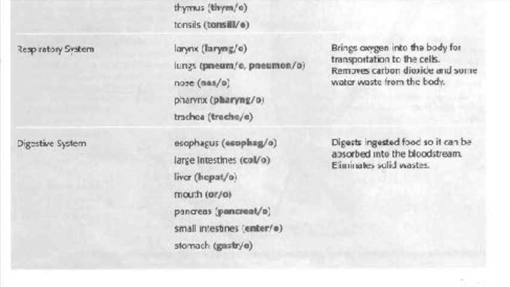We have the liver, which helps secrete enzymes and filter our blood, with the word root hepato. We have our mouth, which ingests food and chews, with the word root oro. We have our pancreas, which helps digest sugars by secreting the hormone insulin. That word root is pancreato.